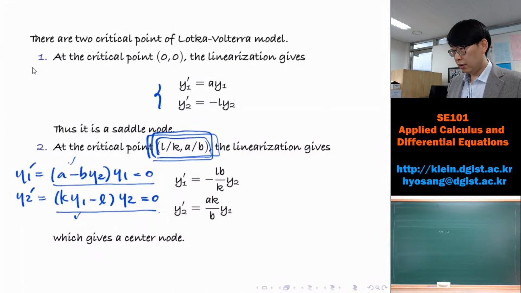Another stable point is (L/K, A/B), where L, K, A, B are proportional constants in the model. At that point there is perfect equilibrium, and by linear approximation, we know that the stable point is the central node. So there is always circling of the population of predator and prey. Okay, so no species dies off.